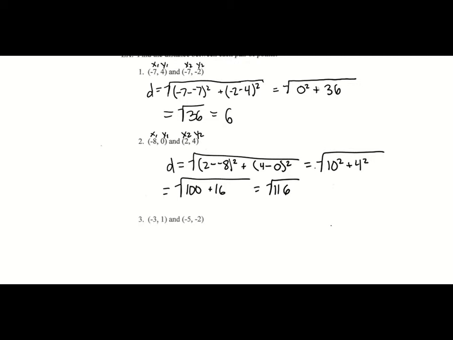And we can simplify that either by plugging it into your calculator and getting a decimal, or by pulling out our common factors. So if we break up 116, we can pull out a 2 and then we would get 58. 58 can be broken up into, let's see, 29 and 2.